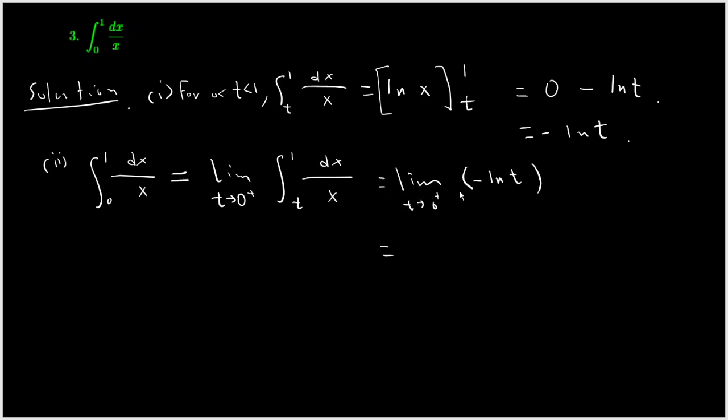In this question, we are trying to compute the limit of negative natural log of t as t approaches 0 from the right. The limit of natural log of t is negative infinity. So the limit of negative natural log of t is positive infinity. So does that make sense? So this one is infinity.